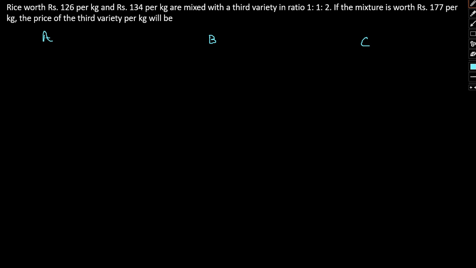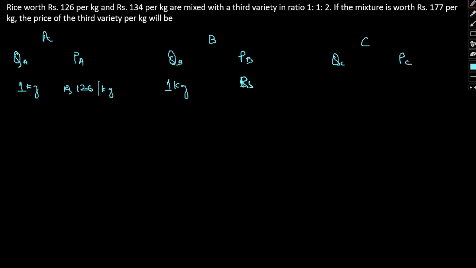Now, quantity of A, price of A, quantity of B, price of B, quantity of C, and price of C. Let the quantity of A be 1 kg, price 126 rupees per kg. Let the quantity of B be 1 kg, price 134 per kg.